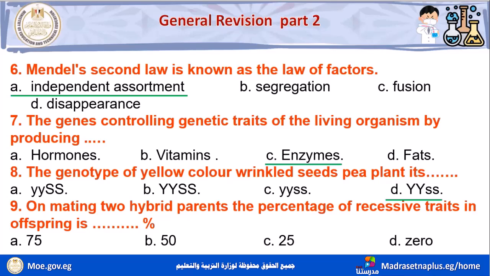Letter B, 50%. Letter C, 25%. Letter D, 0%. On mating two hybrid parents, the percentage of recessive traits in offspring is 25%.